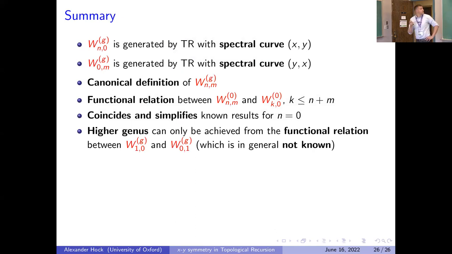So just to summarize everything: starting from W_{g,n,0} generated by topological recursion with X,Y and W_{g,0,m} generated by Y,X, I tried to make a canonical definition by loop insertion operator for W_{g,n,m}. And this functional relation holds for all W_{0,n,m}, depending on W_{0,k,0}, where k is smaller or equal to n+1.